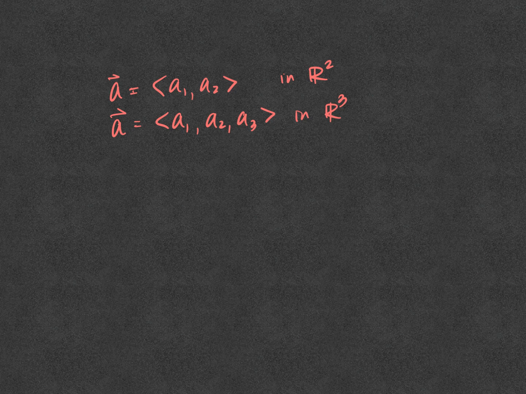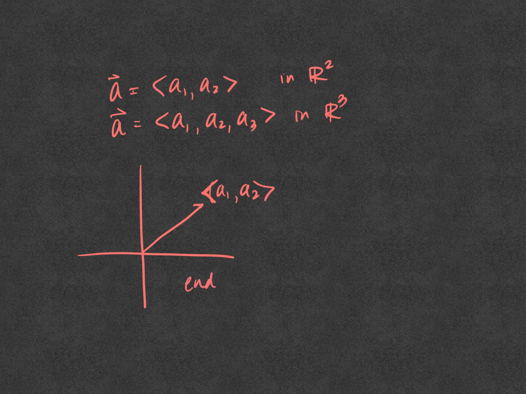So if you think about vector A in two space, it would be a vector here, ⟨a1, a2⟩. Now, this is the vector ⟨a1, a2⟩. It ends at (a1, a2), and this one begins at (0, 0). So you can see how it forms a vector in that aspect.